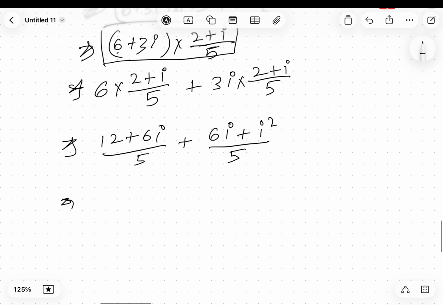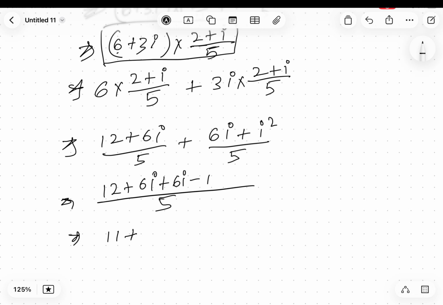Now we will take the common 5, so 12 plus 6i plus 6i plus i square, that is equal to minus 1, so it will be minus 1. So 11 plus 12i by 5. So this is our answer that we have concluded, and I think everything's fine.